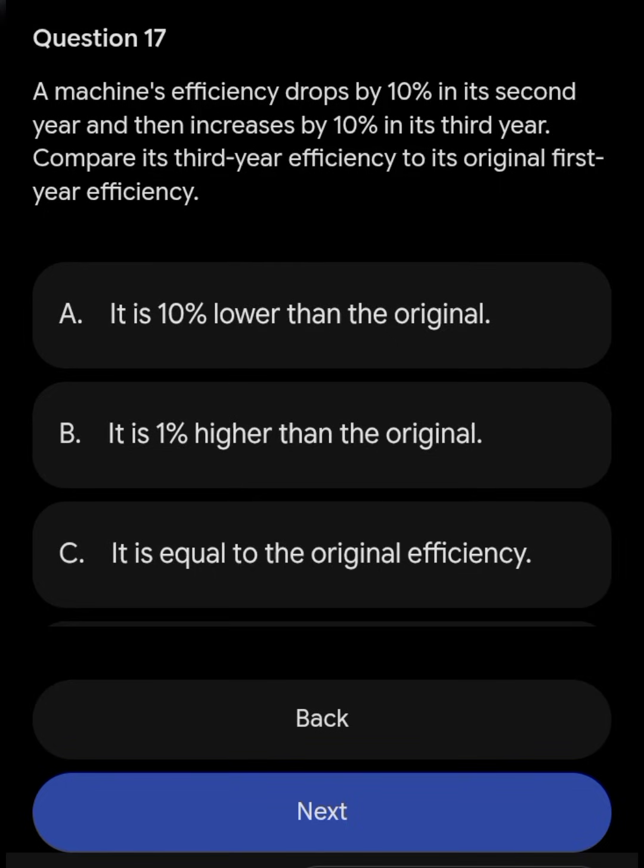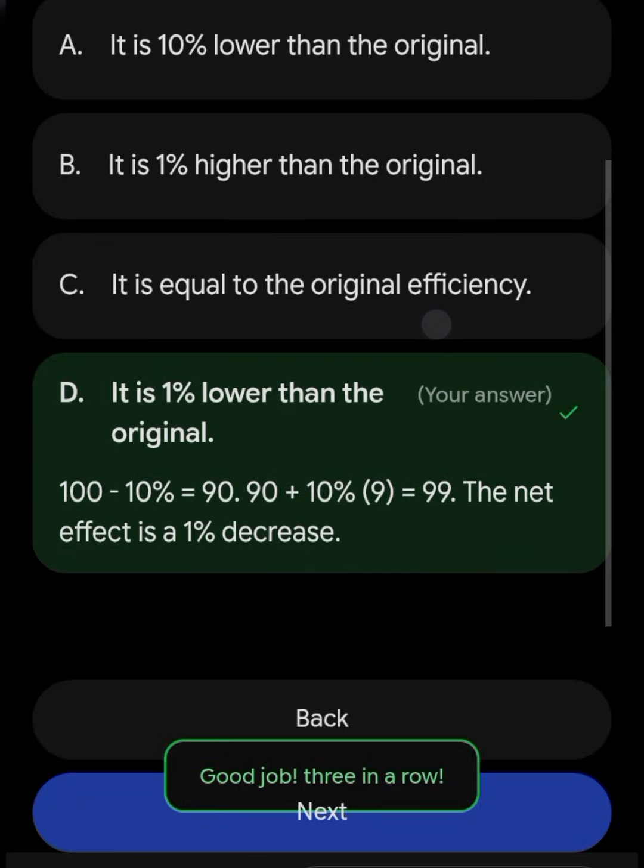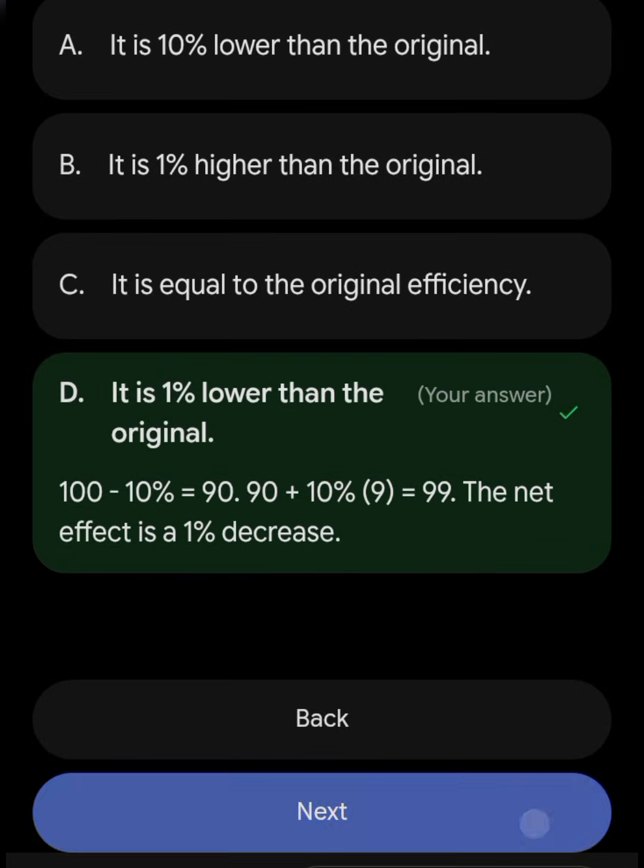In the third year it increases by 10%, so it will be 99. Compared to the original, 100 minus 99, it is lower than its original. Yes, you can look over that as well.